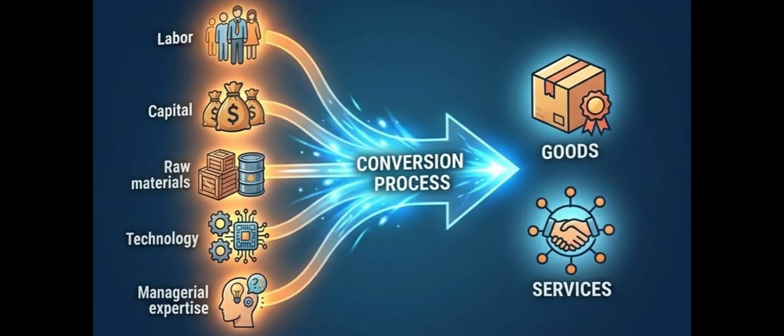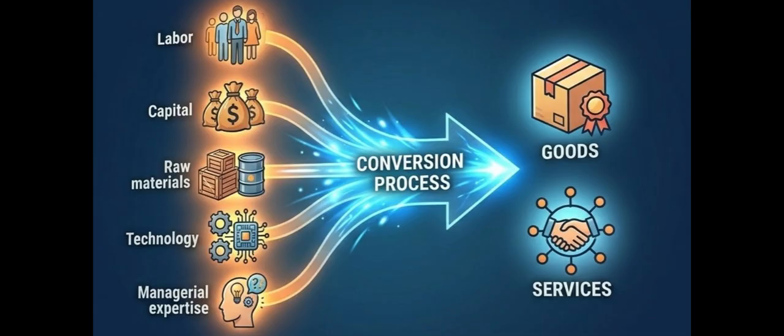Now, let's talk about the firm. What is a firm? We can define a firm simply: it is an organization that converts inputs into outputs. This input to output conversion process is the fundamental activity of any business entity. When we visualize this, we must include the five input categories provided.